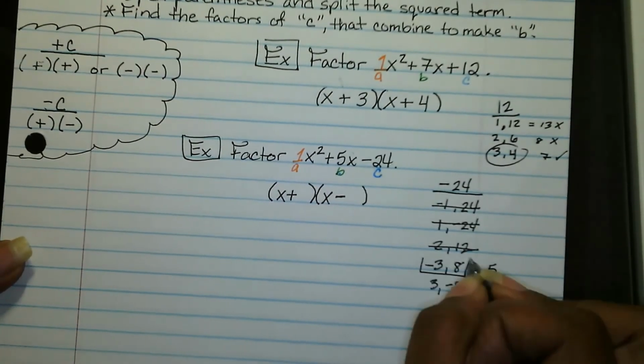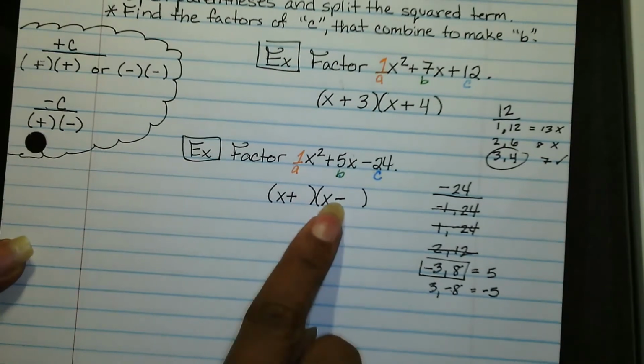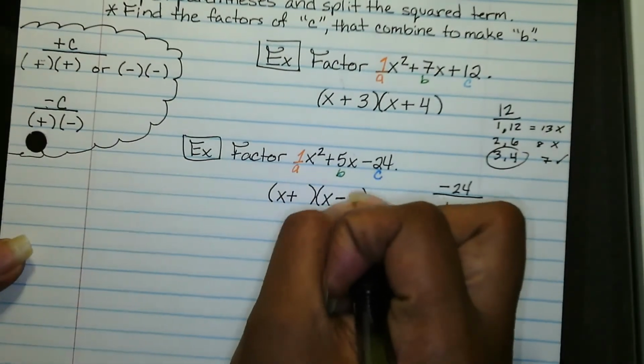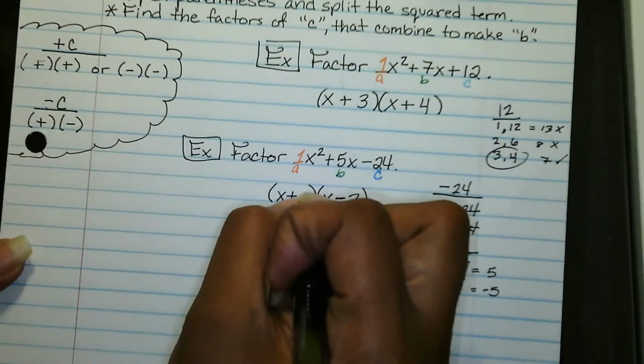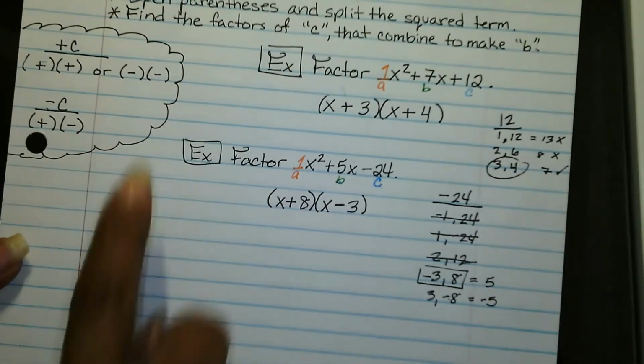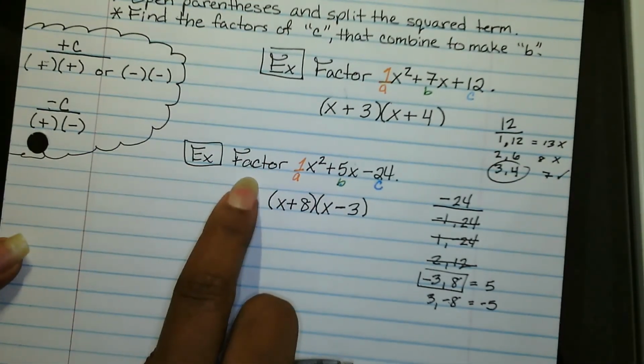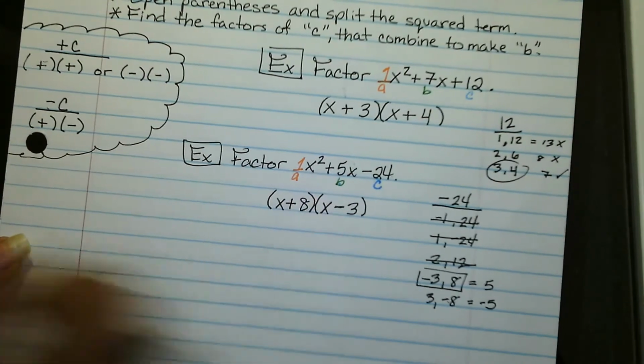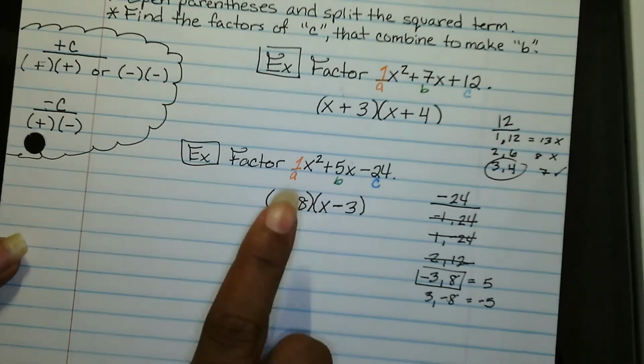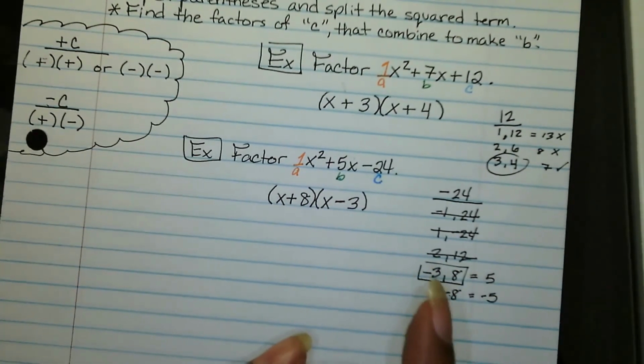So the combination that we need is here. So that means the 3 is going to go with the negative, and the 8 is going to go with the positive. And our answer to this, or the factors of x squared plus 5x minus 24, is x plus 8 times x minus 3.